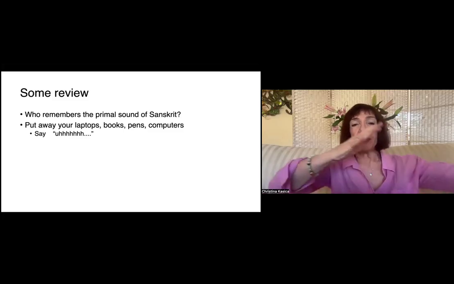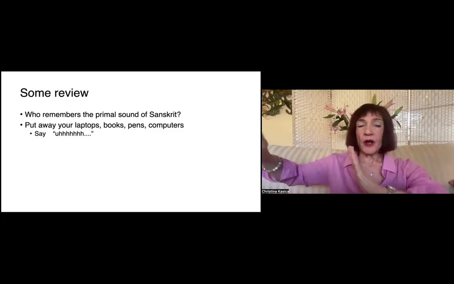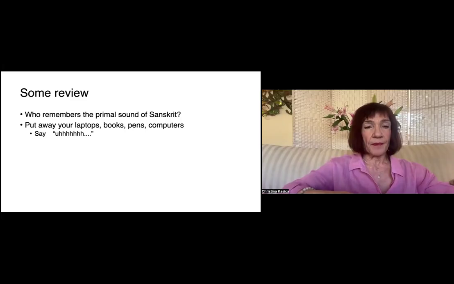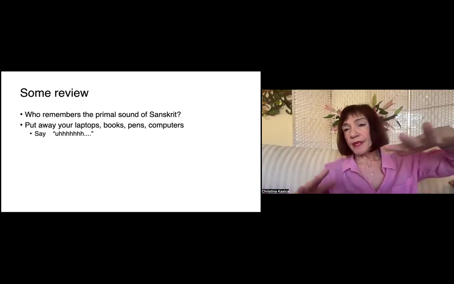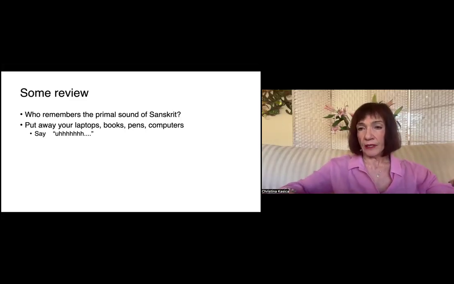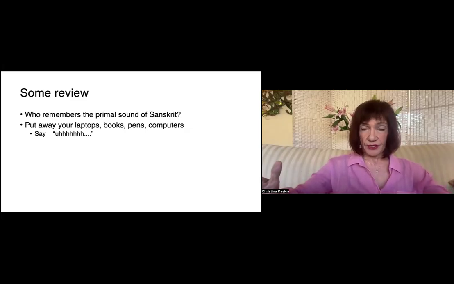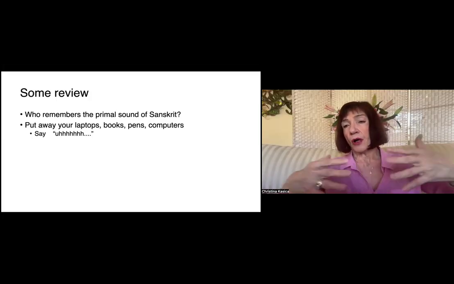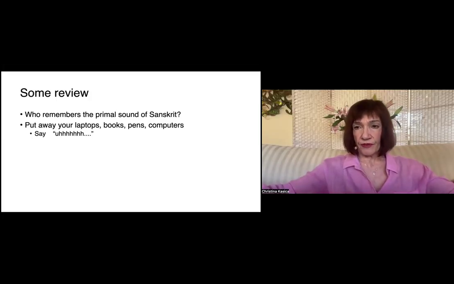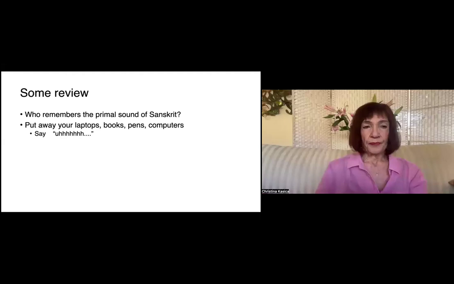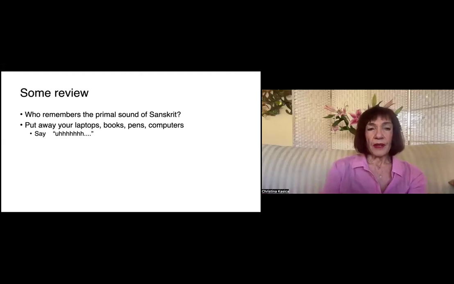You remember that vowels are called svara, and svara means flow or vowel. And the letter A is the first sound and the first vowel. And that's because all the other vowels flow from A. That's how you make them.